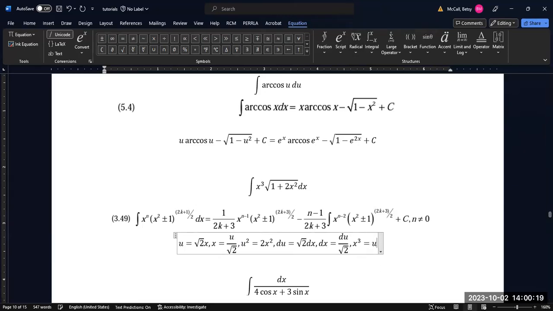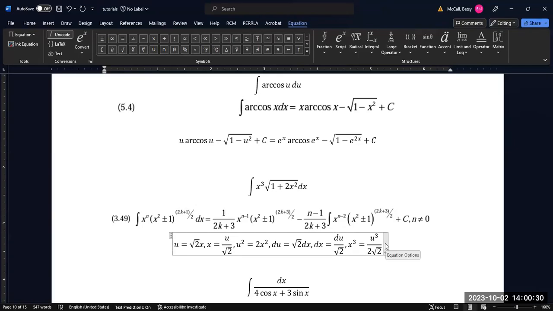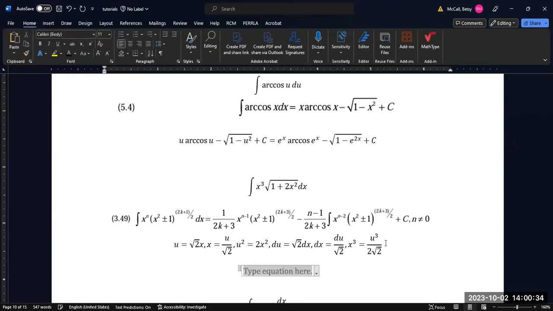So x cubed is going to be u cubed over 2 square root of 2, square root of 8, because it's cubed. All right, so let's substitute that into my problem.